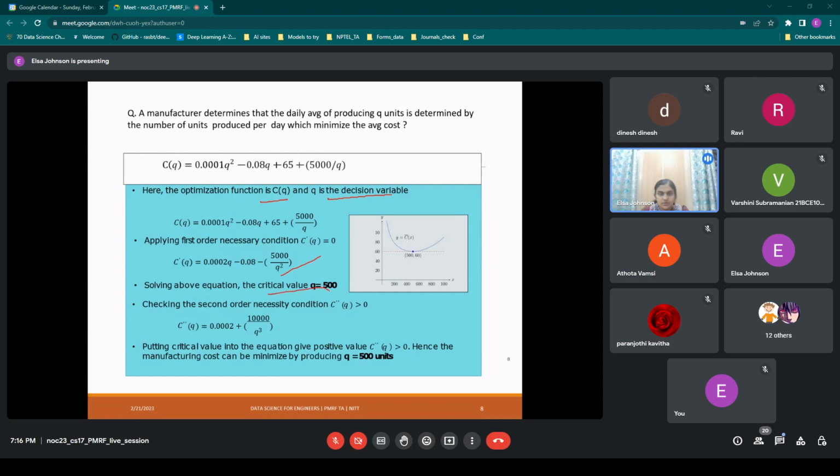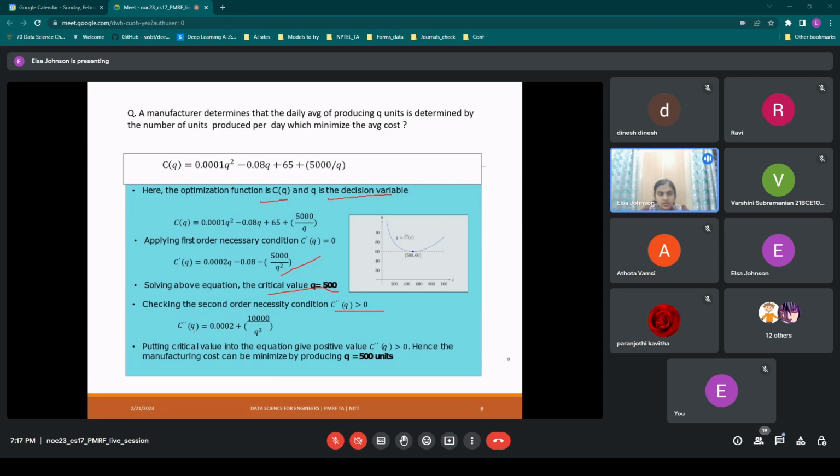The critical value will be coming as Q equal to 500, and then we'll check the second derivative also. The second derivative is coming like this value. If we substitute Q equal to 500 units here, it will give a positive value, because anyway this is a positive function, there are no negative values there.